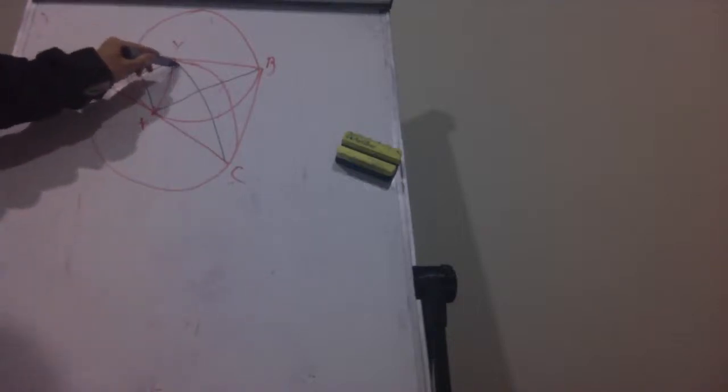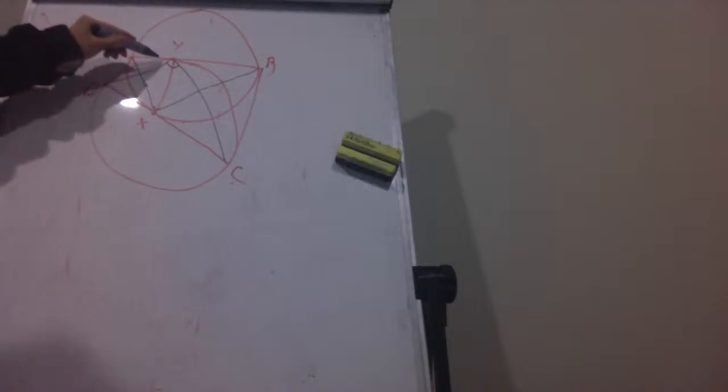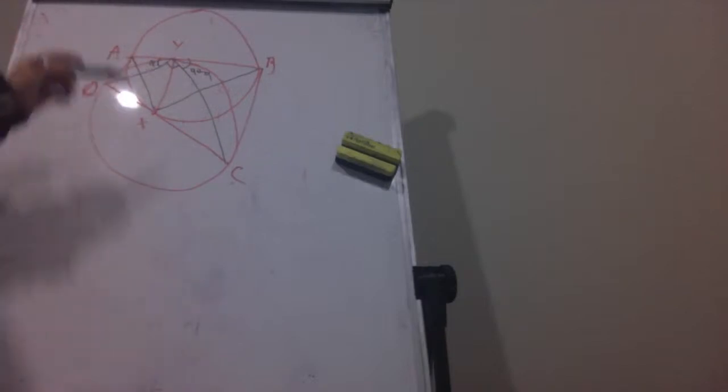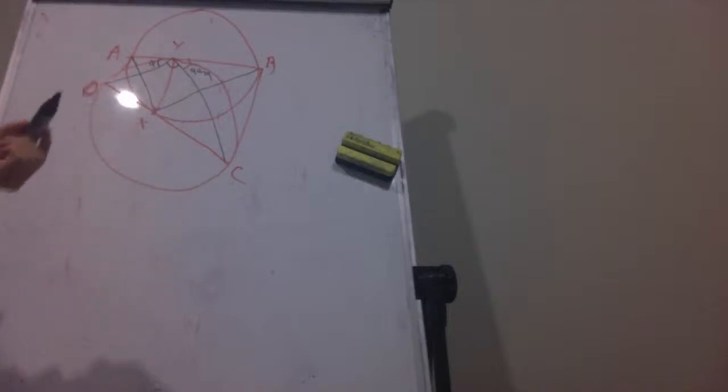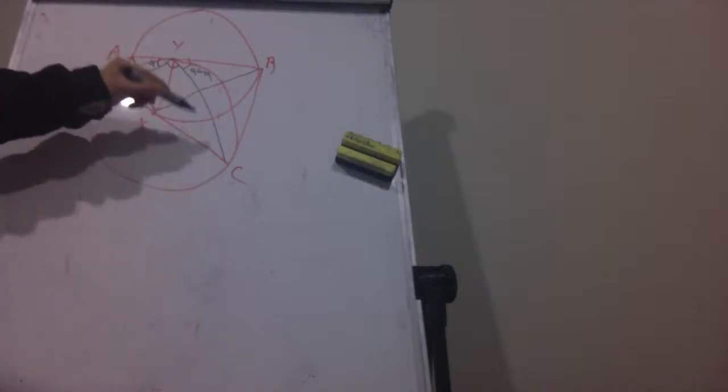So this is 90 degrees. And if we let this angle be alpha, AB is tangent to the circle, right? So that means this angle here is equal to this angle here because of the alternate segment theorem.